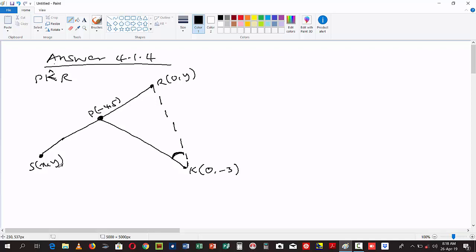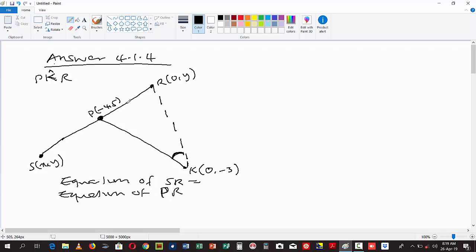So record that the equation of SR is equal to the equation of PR. The reason why the equation of SR and PR are equal is that they are on the same straight line.